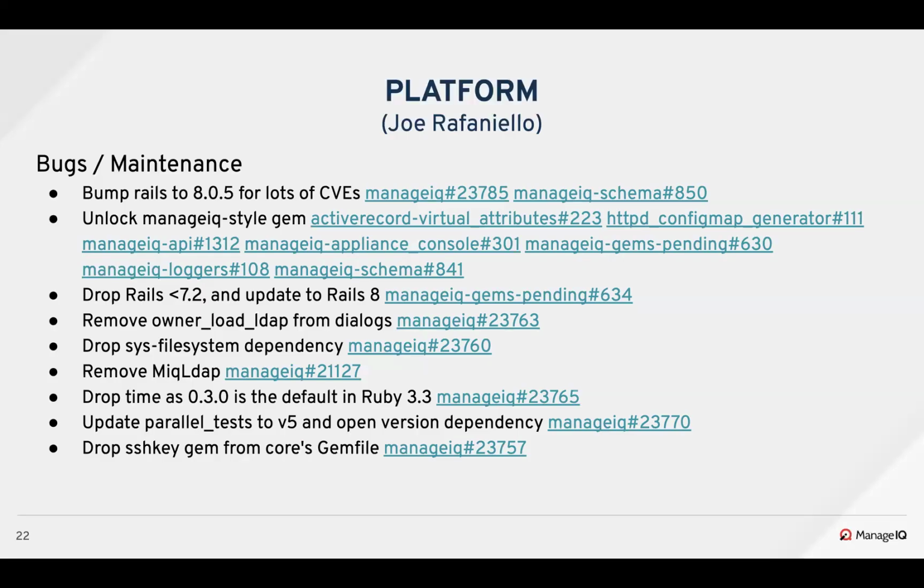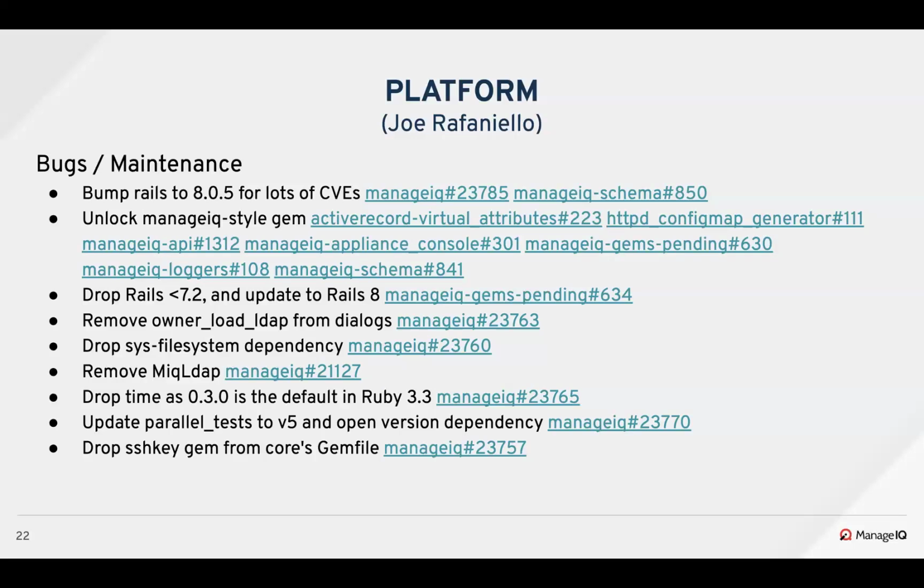This is the backend change for the UI change that Gilbert mentioned. Jason also removed the sys-filesystem dependency, and he removed MIQ LDAP entirely. Finally, he dropped the time gem as 0.3.0 is the default in Ruby 3.3.